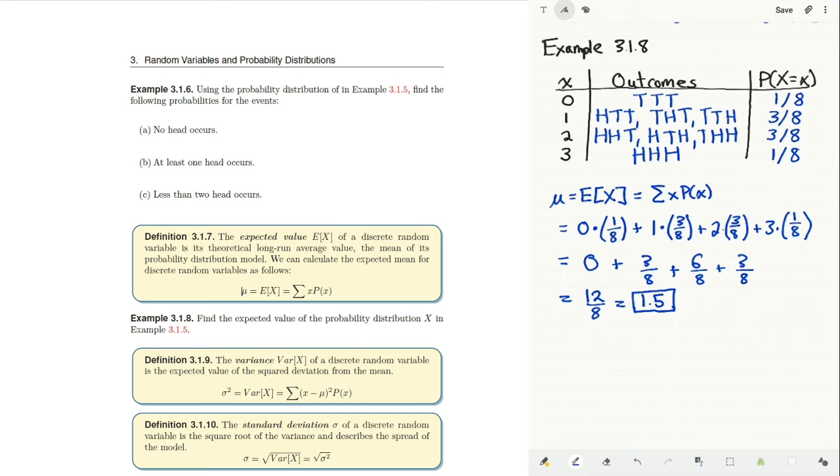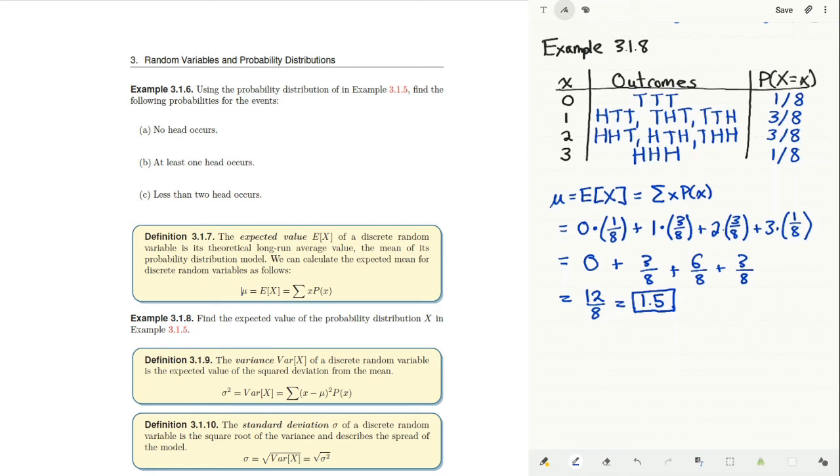So let's think about what the expected value means for our example. Recall that our random variable x represents the number of heads for 3 coin tosses. We calculated the expected value to be 1.5, and this is the theoretical long-run average of the random variable.